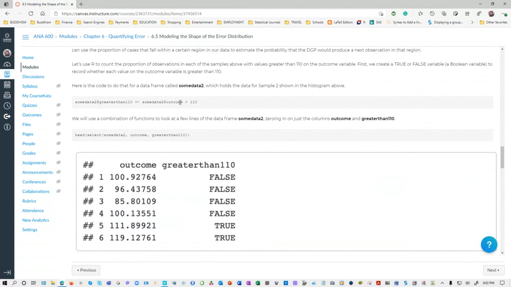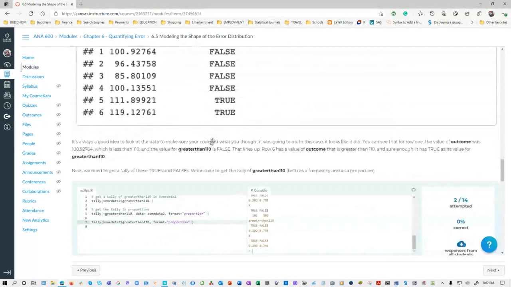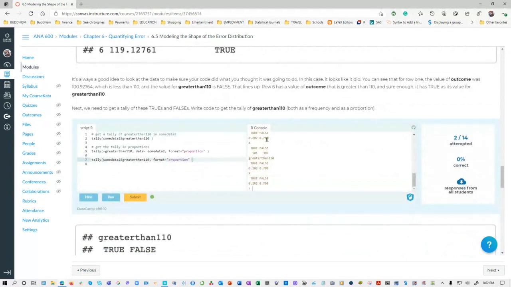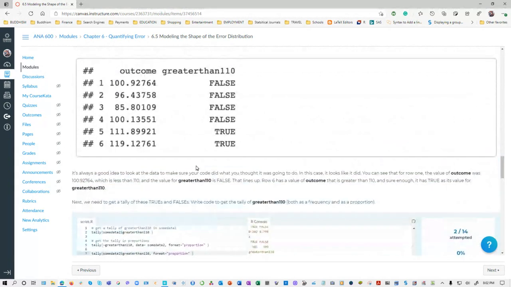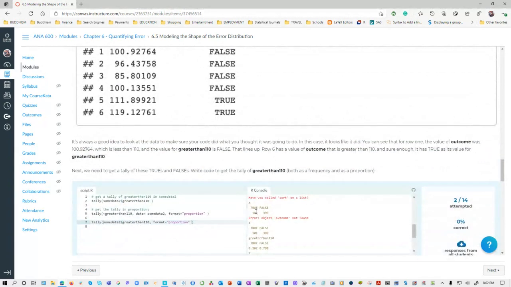The data is contained within it, but has been put into a frame called some data 2. Then we see how many data points are more than 110. Then we got the true and false, and we calculate how many true and false. Instead of using those numbers, 101 and 399, 101 divided by the total, which is how much, 400, 500, no?